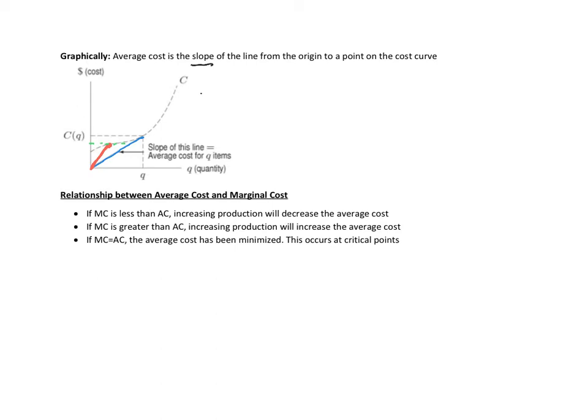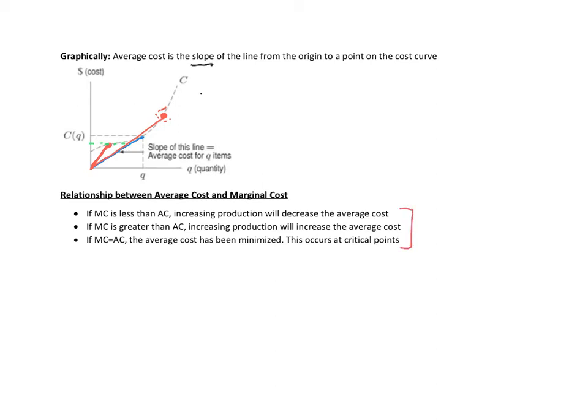If we increase production, we will decrease the slope of the average cost. So if I pick this point up here, the slope of that line is actually less. The opposite is true. If we were to start on this line here and decrease production, we would result back at a greater slope for average cost.